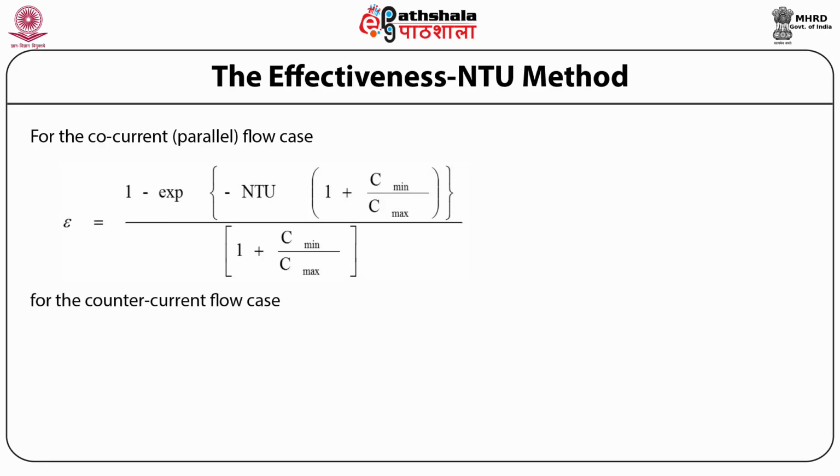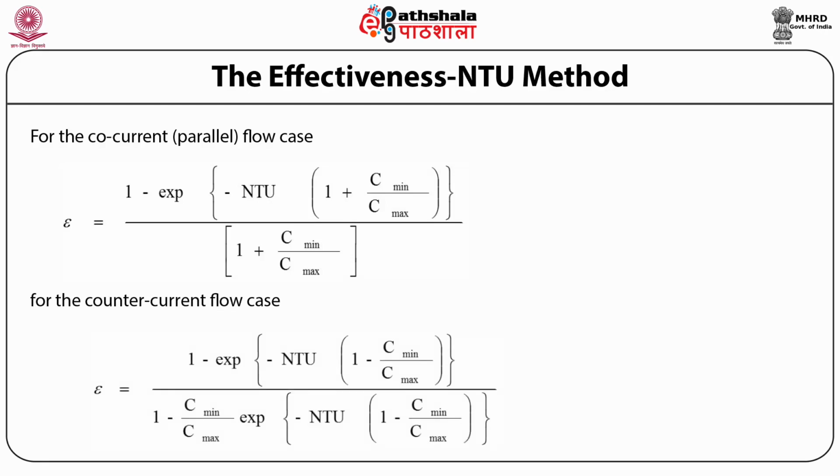For the counter current flow case, effectiveness is represented as 1 minus exponential of minus NTU into 1 minus C minimum divided by C maximum, whole divided by 1 minus C minimum by C maximum into exponential of minus NTU into 1 minus C minimum by C maximum.